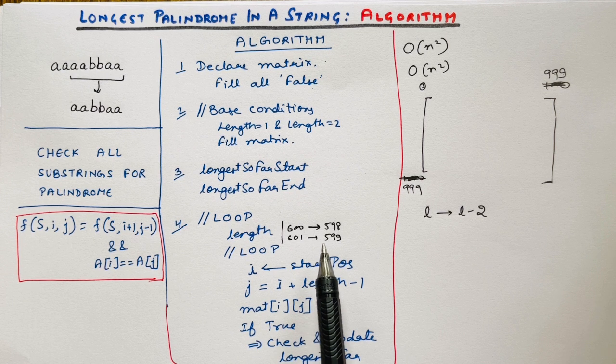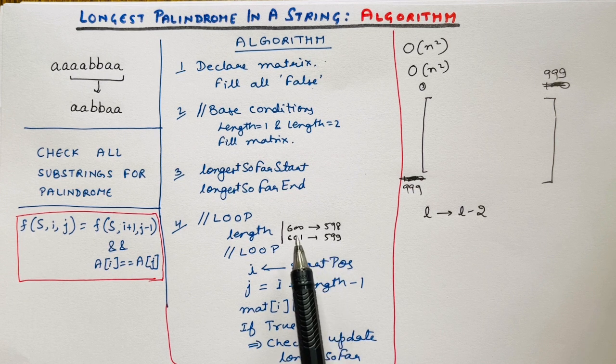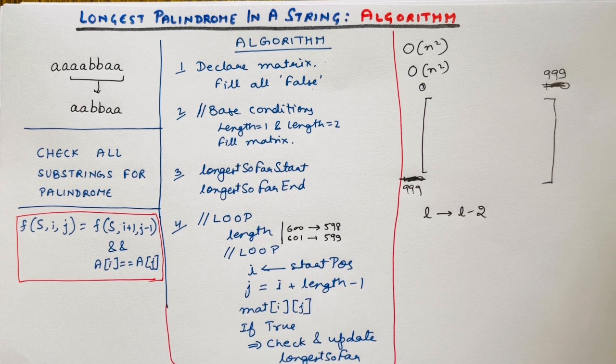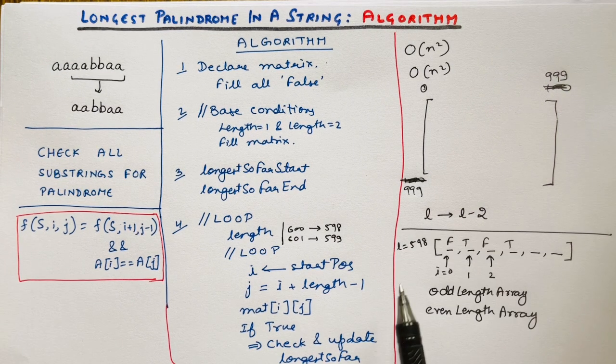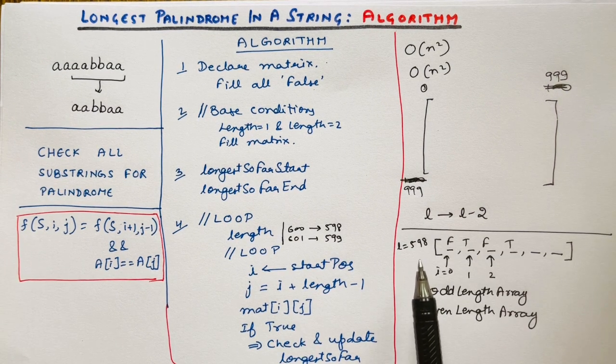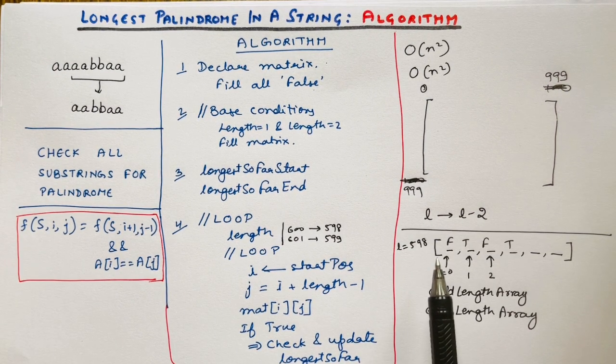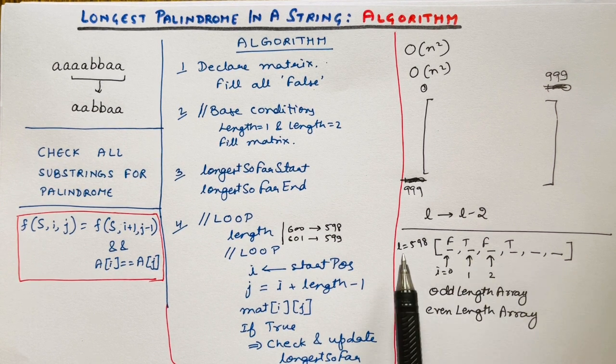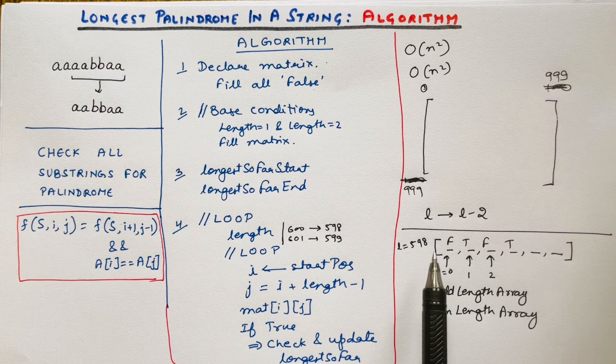But we don't have 599 stored in that array. We have 600 stored in that array. Therefore, at a time, we need the information of two lengths to be able to compute the next lengths. Now that the length is fixed, how will we represent the values for a particular length? We can represent that in the form of an array. For example, here let's say length is 598.